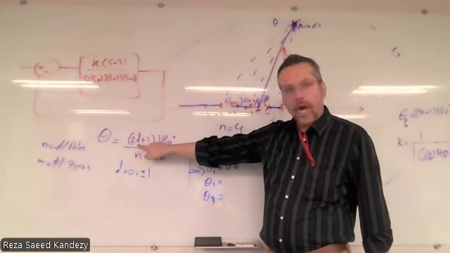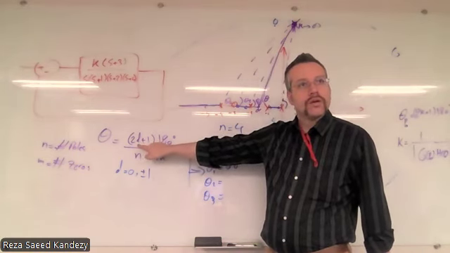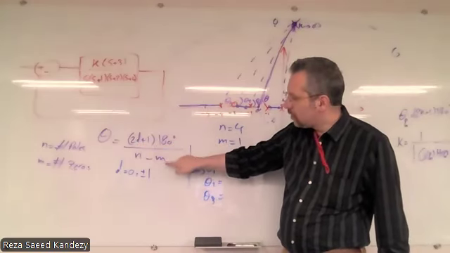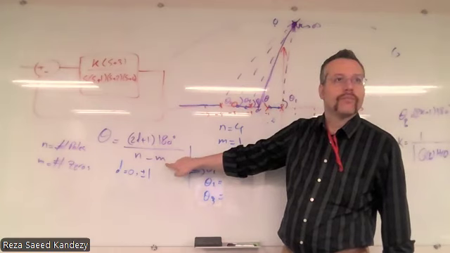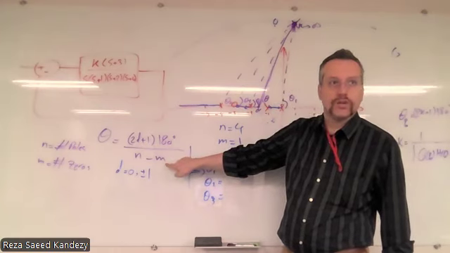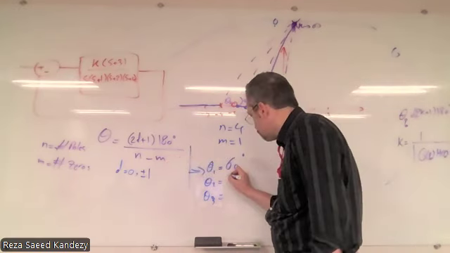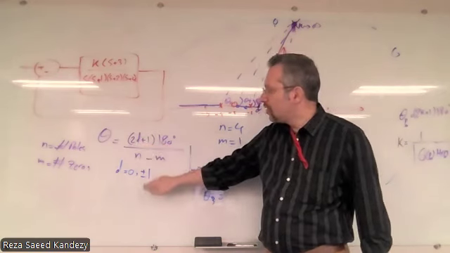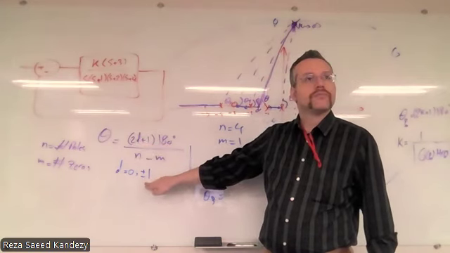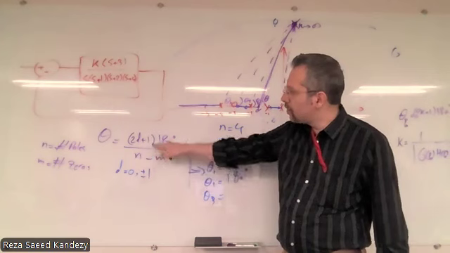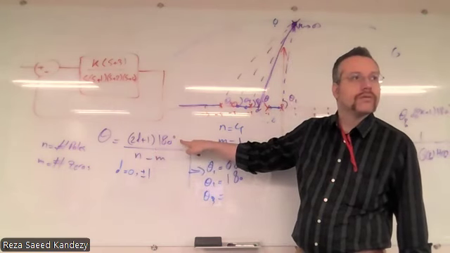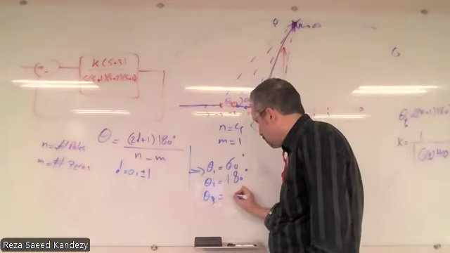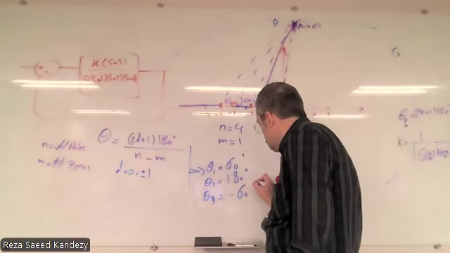If we put 1, it is going to be 3 times 180 divided by 3, which is 180. If it is minus 1, it is going to be minus 180 divided by 3, minus 60.